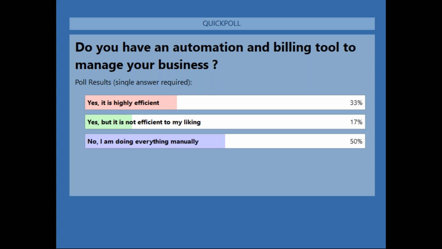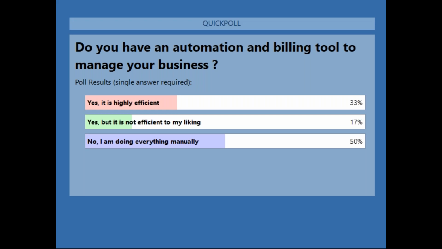Okay, so the results have come. The results say that about 50% say they're doing it manually. And as you may have seen already, a lot of the work around the complexity of billing the customers, and being able to provision this automatically, is seamlessly taken care of by RackNap.